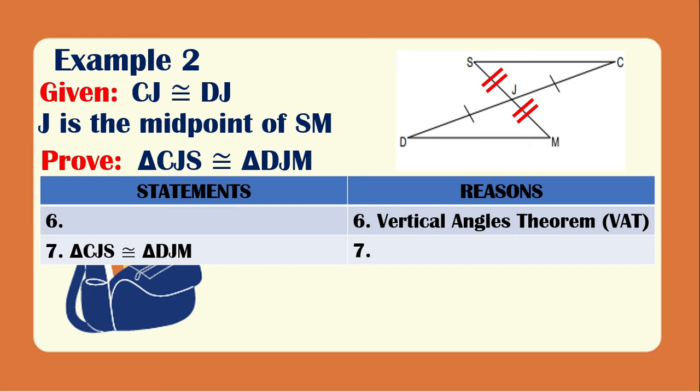It means that vertical angles are congruent. What are the vertical angles we have? We have angle CJS is congruent to angle DJM. And then for the last statement, we have the proof, triangle CJS is congruent to triangle DJM. For what reason? And that is SAS postulate.